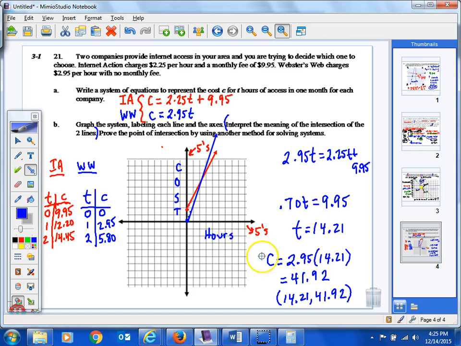Okay. So hopefully where my intersection point is, and it doesn't have to be exact, I know where it should be. 5, 10, I'm a little bit short. 14 is about right there. But again, I'm just doing rough estimates of where these points are. Let's see about the y-axis. 5, 10, 15, 20, 40.